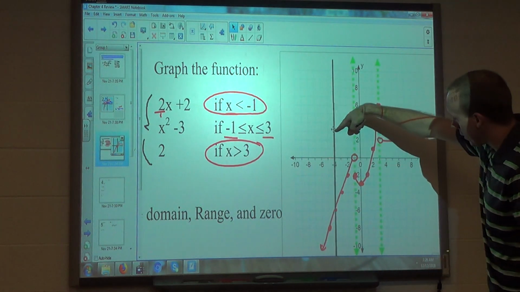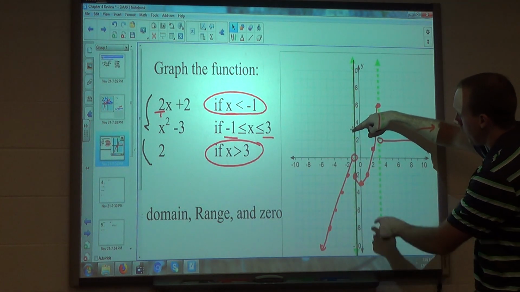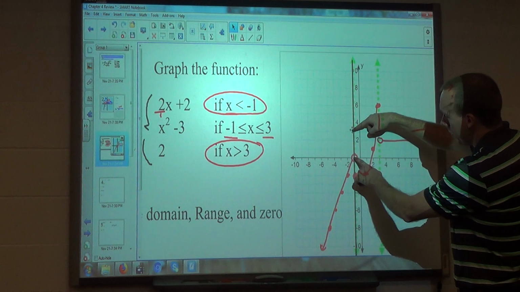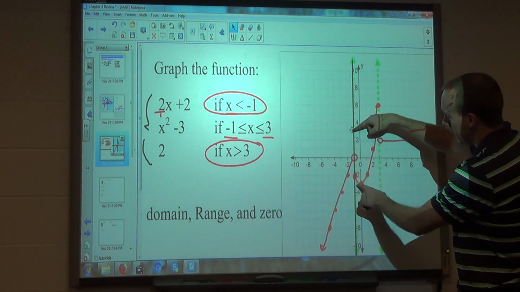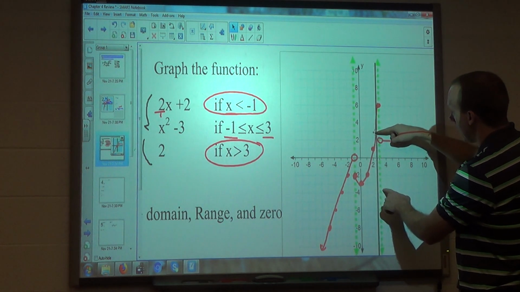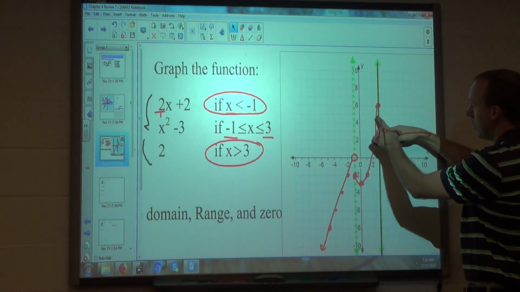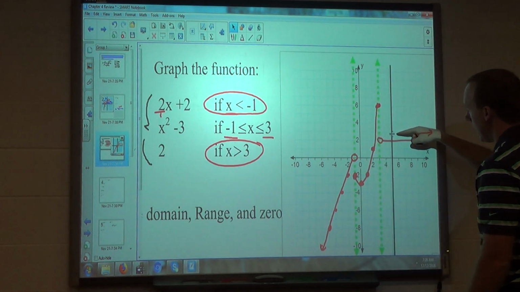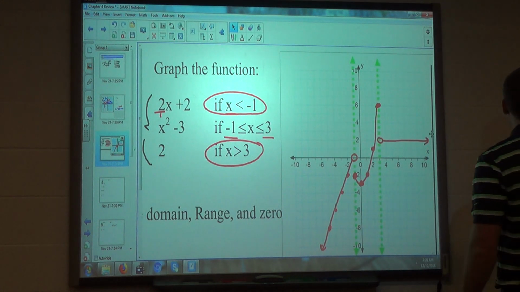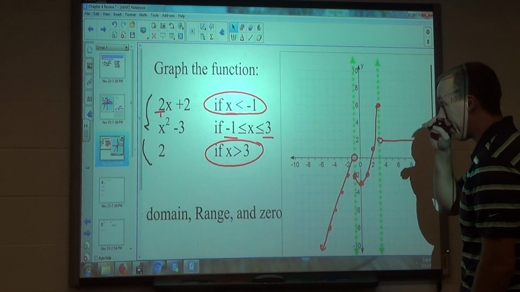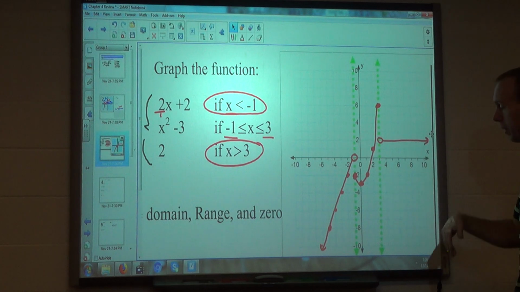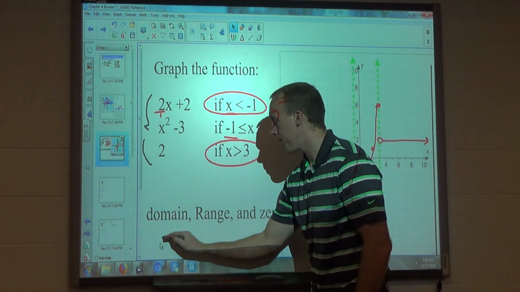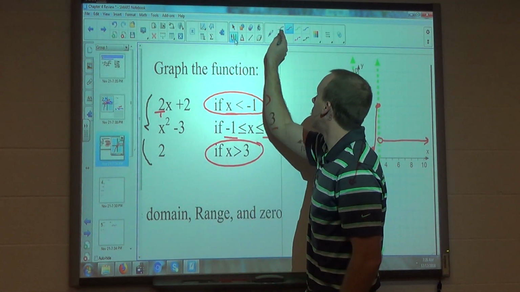Everything's true. Right here on the barrier, even though this one is open, this one's closed, so that fills it in. It's the same on this one: this one's closed and that one's open, but since that one's closed, it counts, and everything going in this direction would go on forever. So therefore, this domain would be all real numbers.